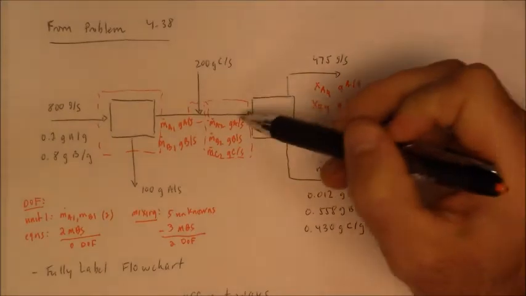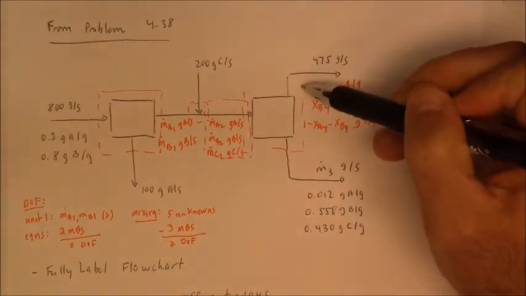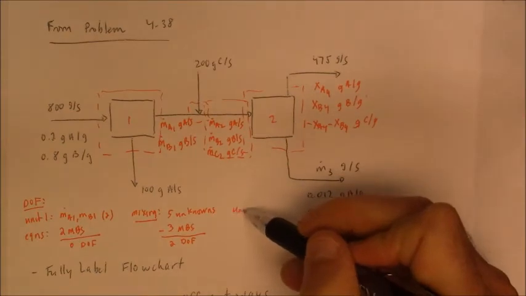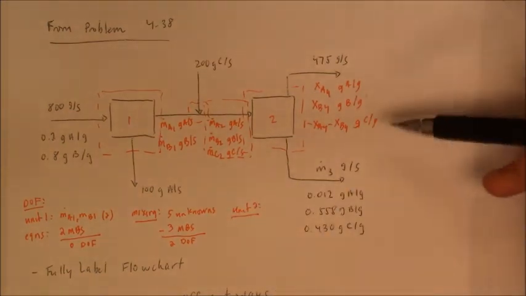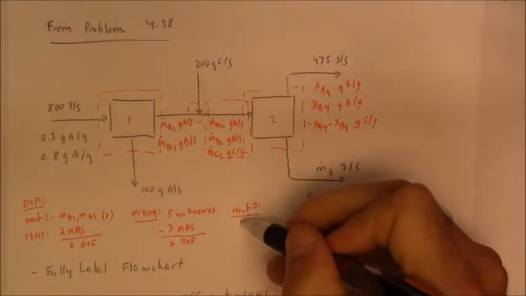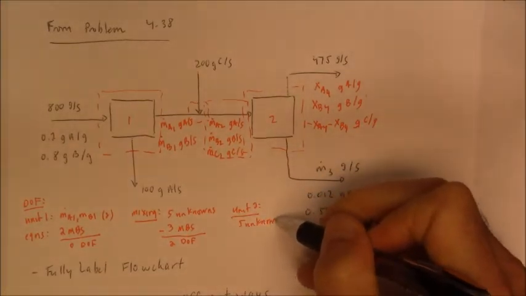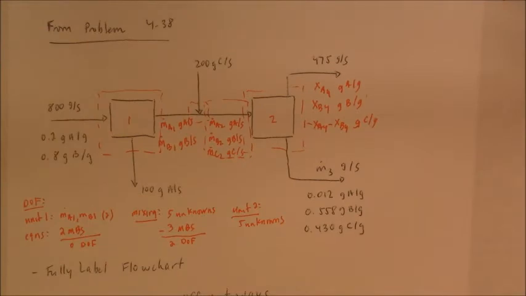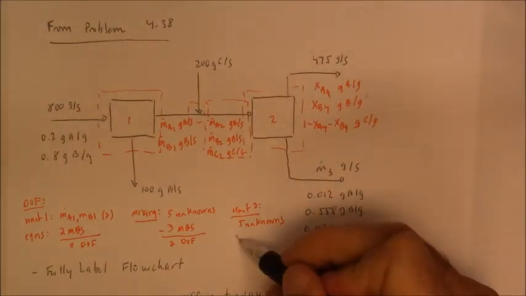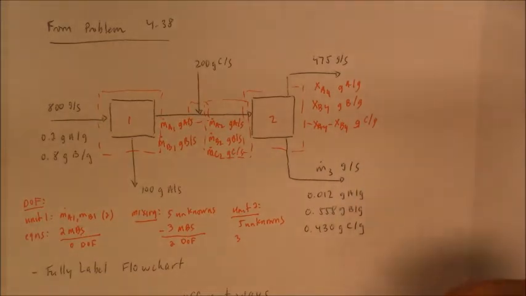And finally, let's look at unit 2. We'll call this 1, we'll call this 2. Around unit 2 we have 1, 2, 3, 4, 5. So again, 5 unknowns. Actually, I made a mistake.